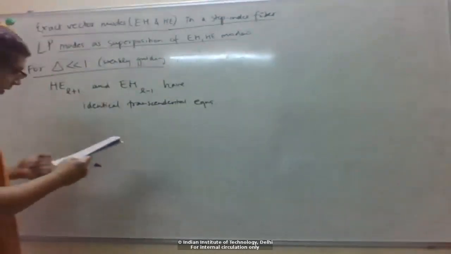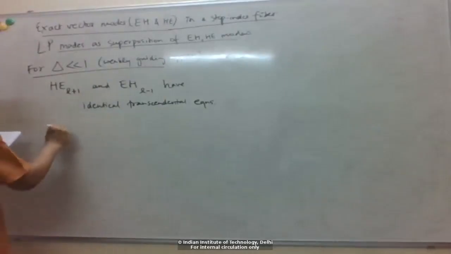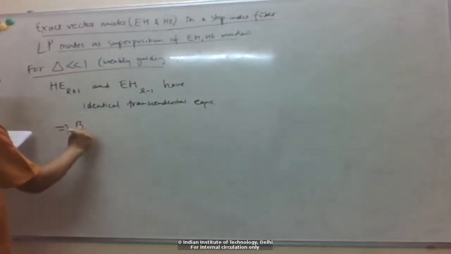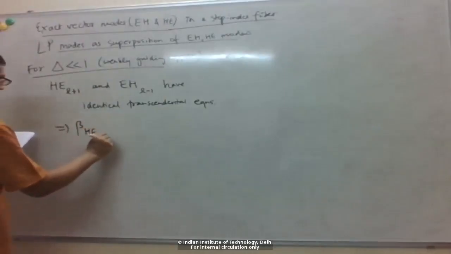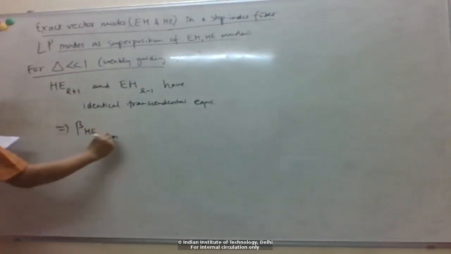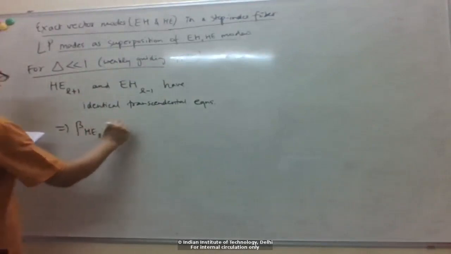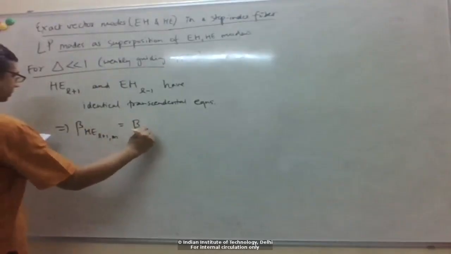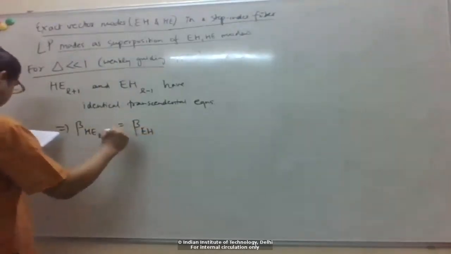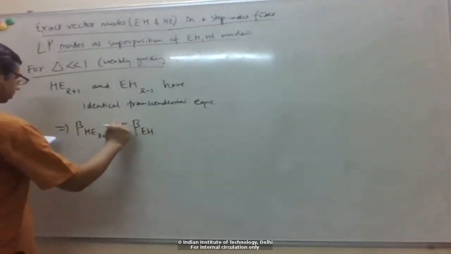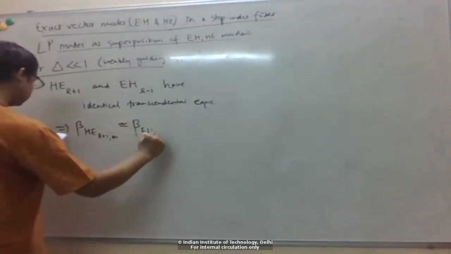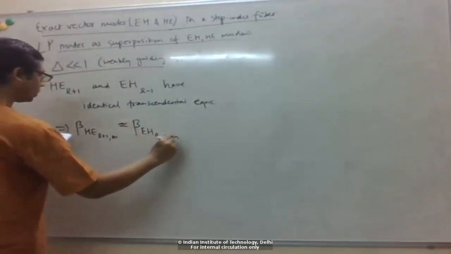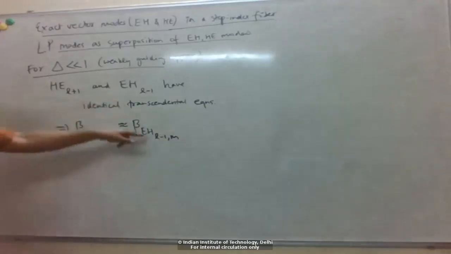Which means what? Now basically the HE L plus 1 comma M, the mth solution of the transcendental equation, is approximately the same as the mth solution for this transcendental equation.